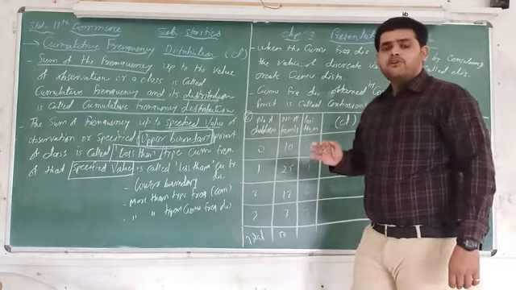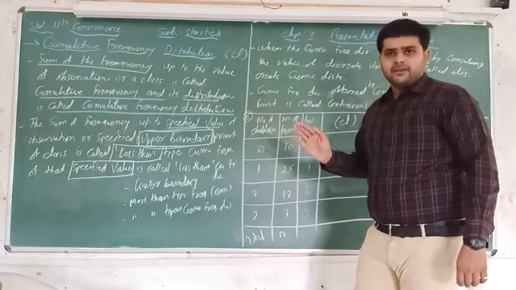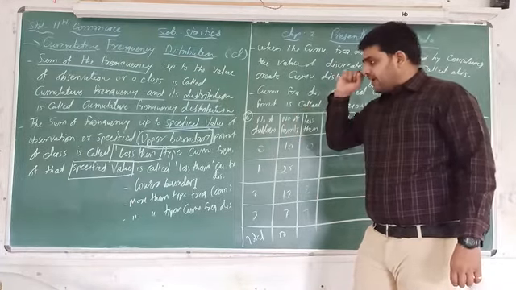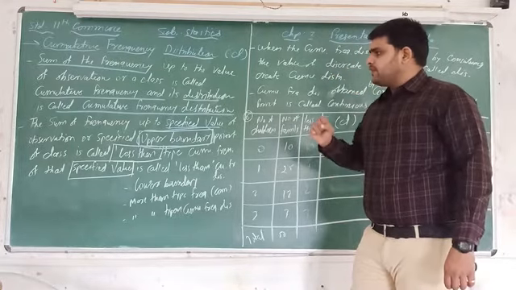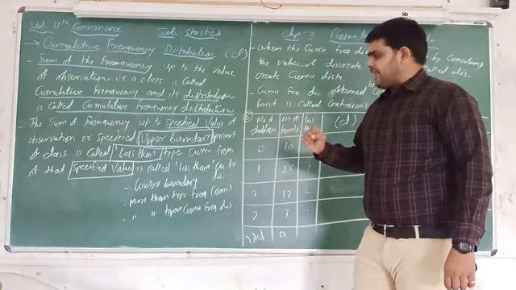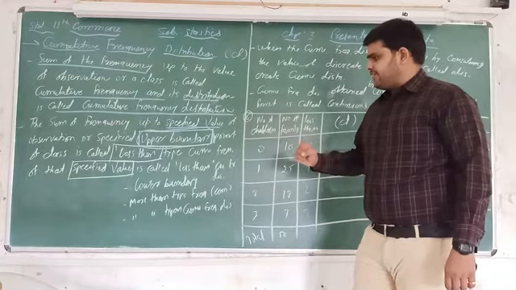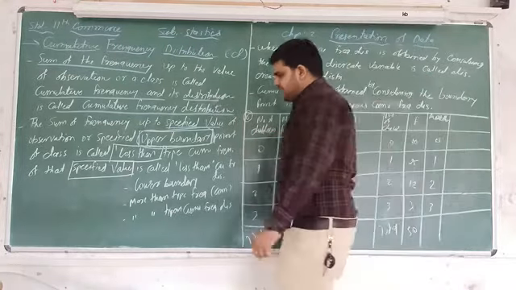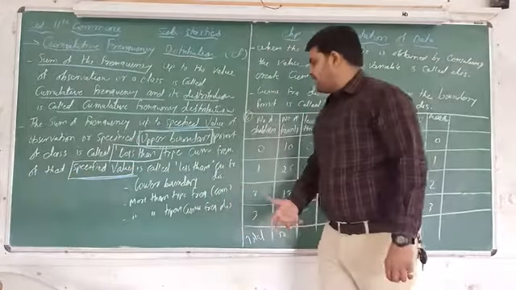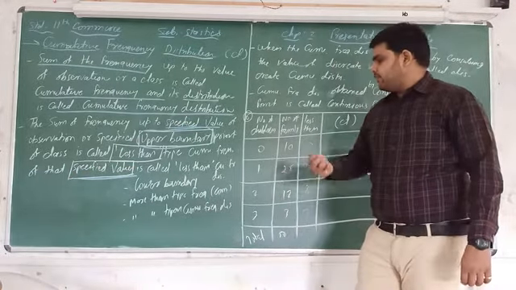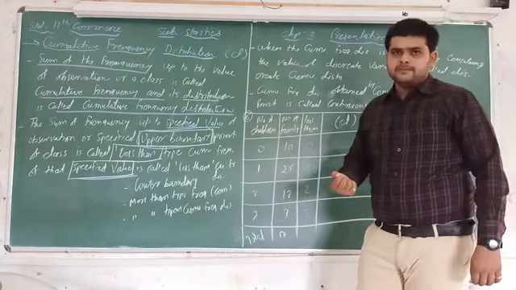What we have to do is check the upper boundary point, and that type of frequency is called the less than type of cumulative frequency of that specified value.